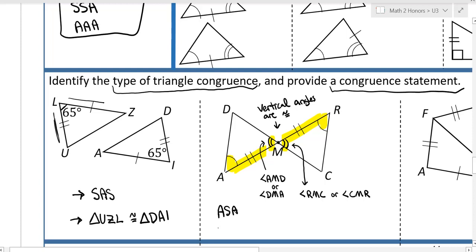And then the triangle congruence statement, we'd say triangle ADM. Okay, so I picked an order for the triangle, and here's where you really have to be picky. It matters. A has the 1 arc, R has the 1 arc, so R goes first. D's second, that's the angle without anything, so that matches up with C. And then M goes with M.